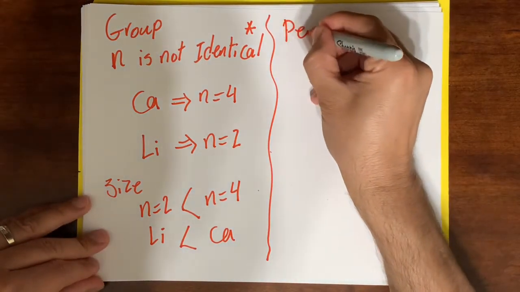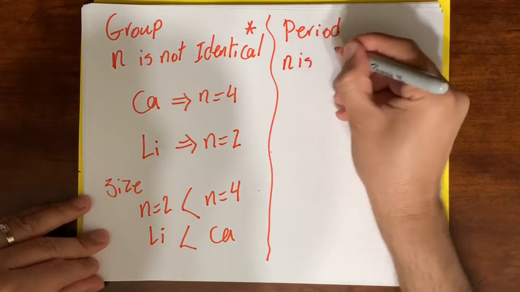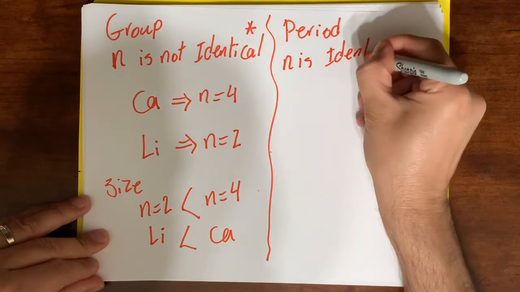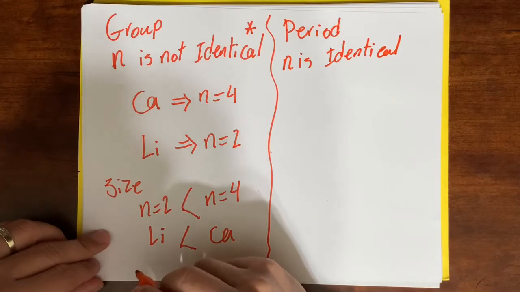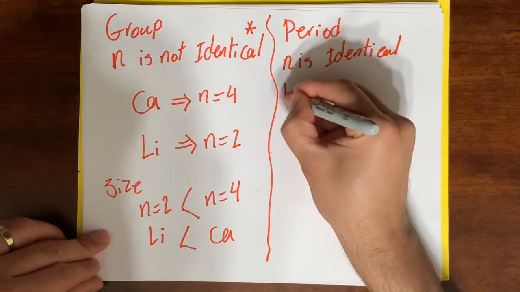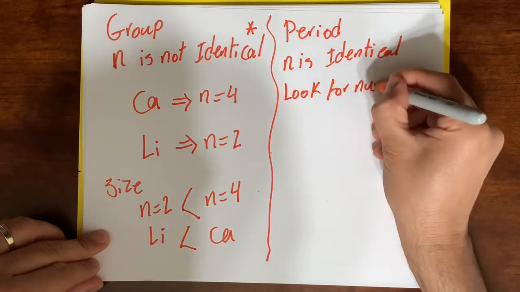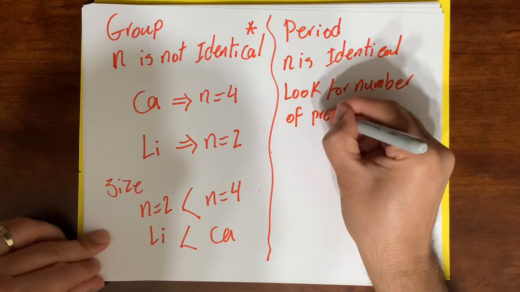When we are talking about period, N is identical. So then I'm going to say, look for the number of protons.